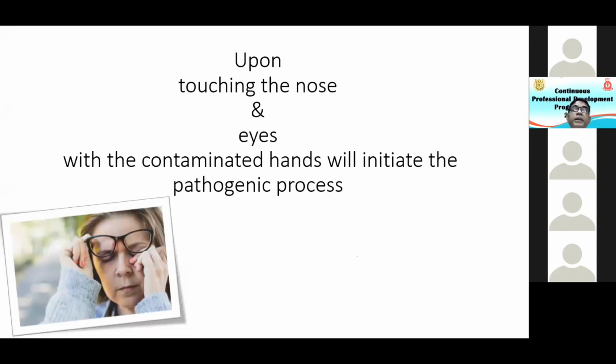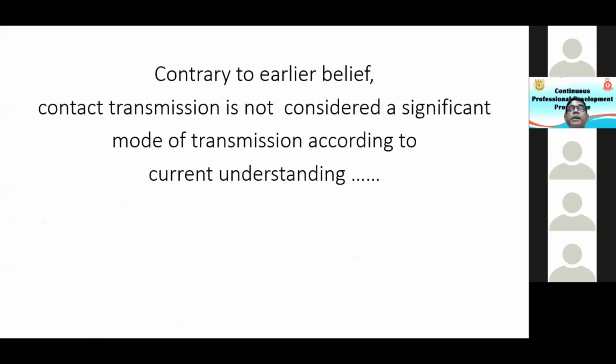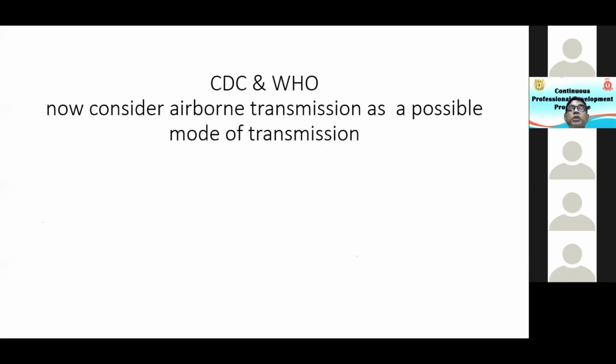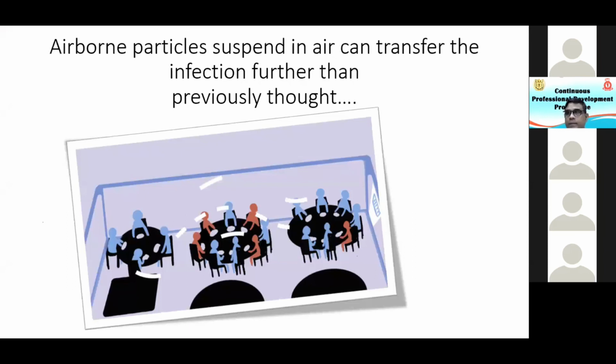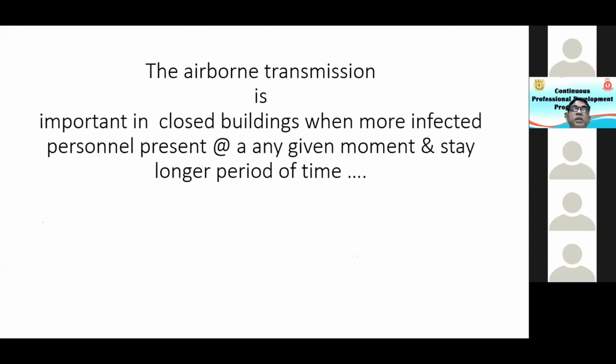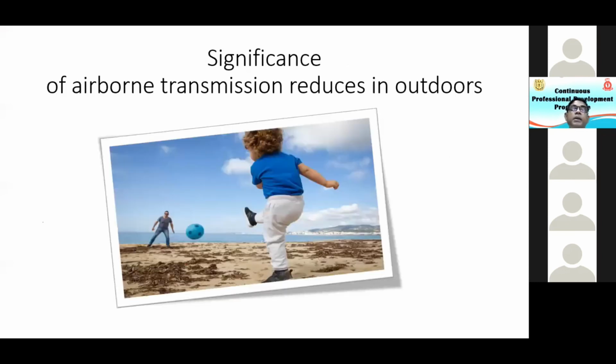Contact transmission is not considered a significant mode of transmission of COVID compared to droplet transmission. Airborne transmission is another way of transmitting COVID, but it is basically limited to closed environments. Airborne transmission is important in closed buildings when more infected persons are present at any given moment. And if they stay longer within the building, the transmission risk will be high.